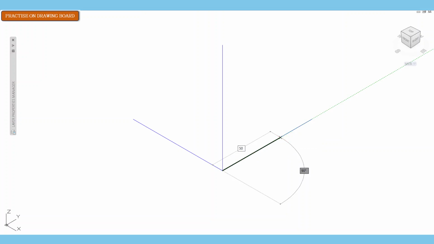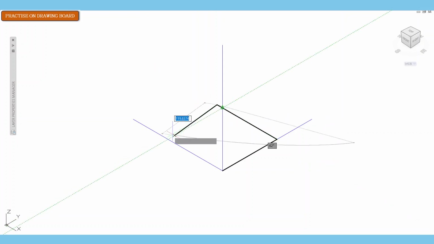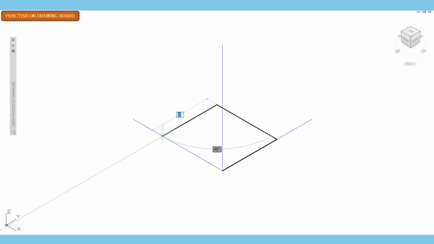So 50, and that will be 55. 50 and back to 55.